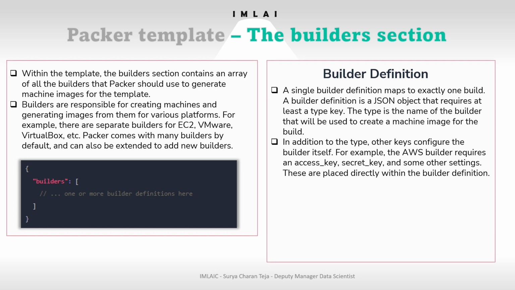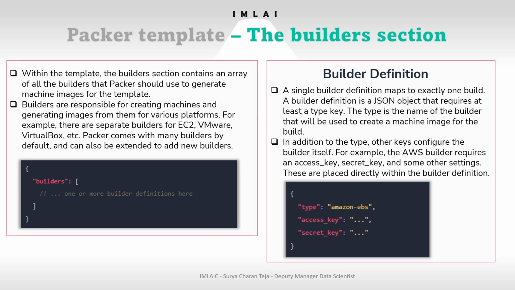These are placed directly within the builder definition. So this is one example. If it is an AWS builder, then the type of the service that you are going to use is Amazon EBS, Amazon Elastic Block Store, then you have to mention the access key and the secret key. This is how a single, simple builder definition looks like in JSON format.